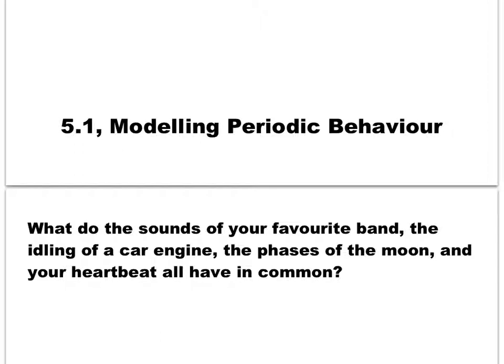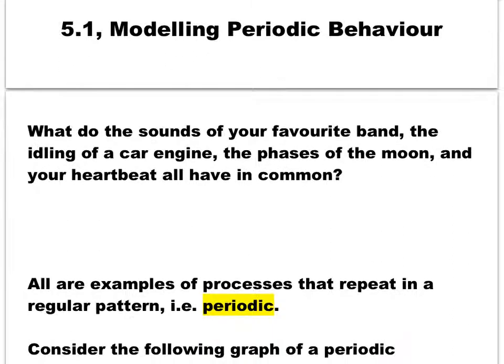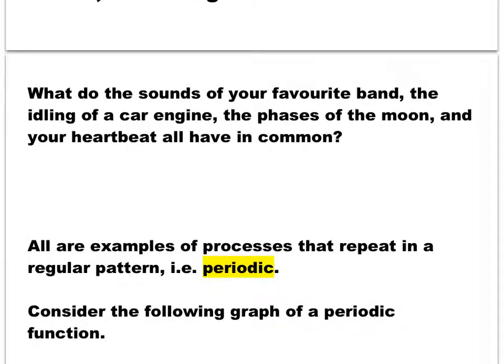That's an example of a periodic function, which means that it's repeating the same pattern over and over again. Now, these are all examples of what we call a periodic function. So the definition of a periodic function is a function which repeats itself. The pattern goes on and on.